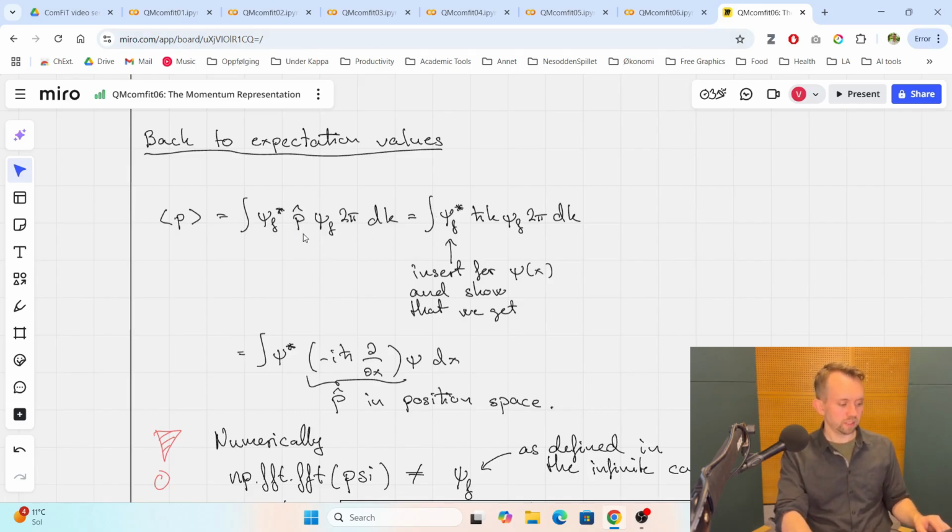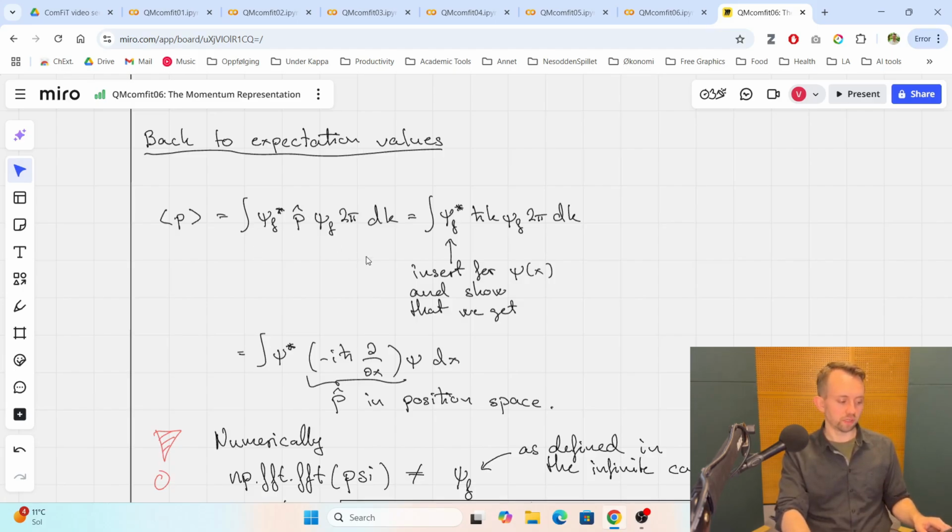In the momentum representation, the p hat operator is just h bar k, essentially. And so in order to get the expectation value, we do the same thing. We take the complex conjugate of the wave function multiplied with the operator acting on the wave function.